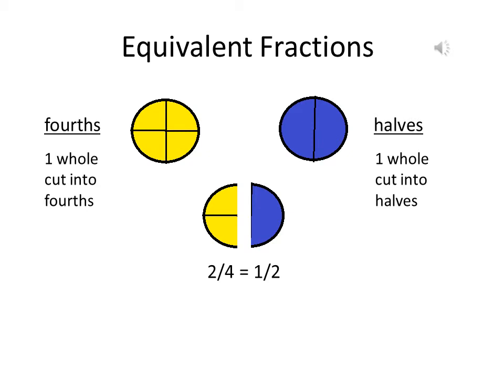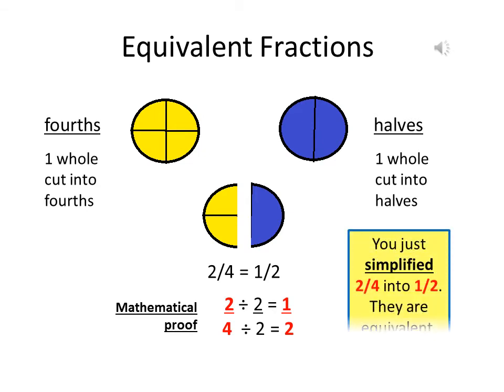So 2/4 equals 1/2. And here is the mathematical proof. If we take 2/4 and divide the numerator and denominator by 2, you get 1/2. In other words, you simplify 2/4 into 1/2, but they are equivalent as the picture shows.